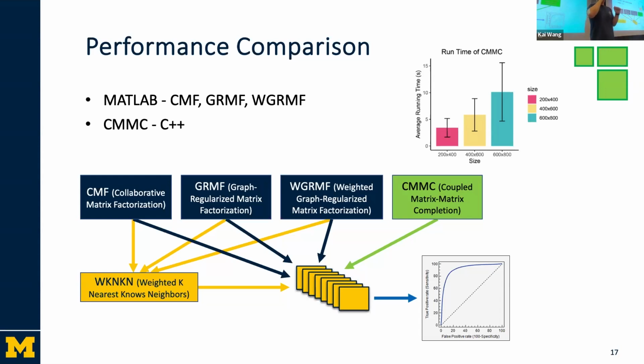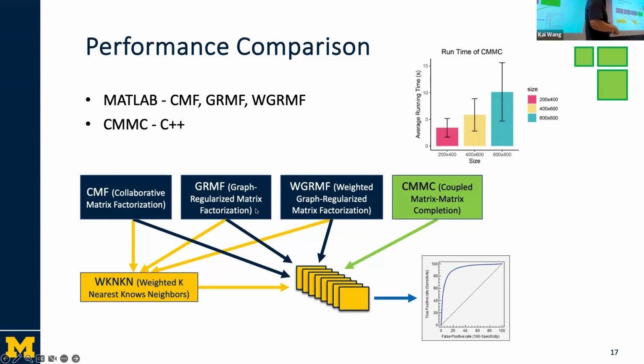But the difference is that in our method, the values from the coupled matrices are directly used in the imputation. For the other 3 methods, they only use those 2 coupled matrices to adjust the values in the interaction matrix, and then do a matrix decomposition.